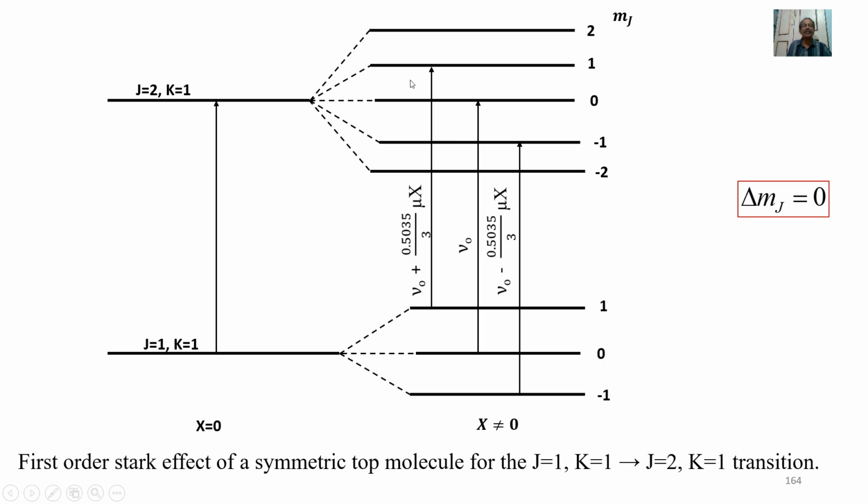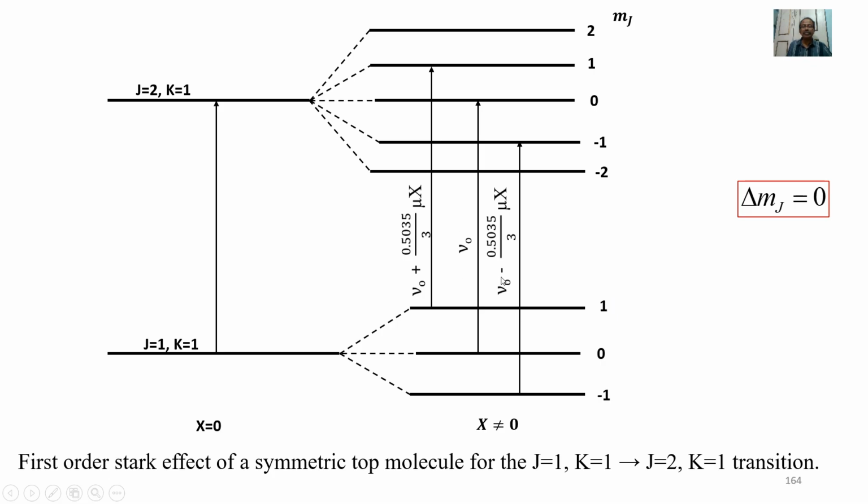So 2j plus 1 will give us 5 levels. So this will split into mj, which goes from minus 2 to plus 2 through 0: minus 2, minus 1, 0, 1, 2. So there will be 5 levels. What about j equal to 1, k equal to 1? According to the formula, again 2j plus 1, this will split into 3 levels: minus 1, 0, and 1. What is the transition now?